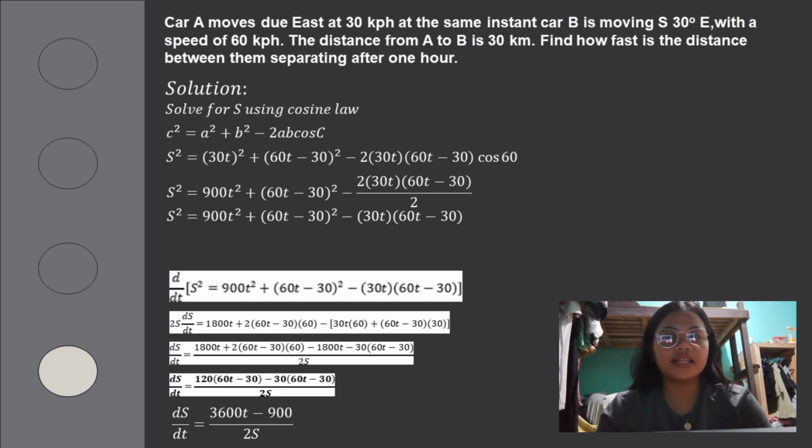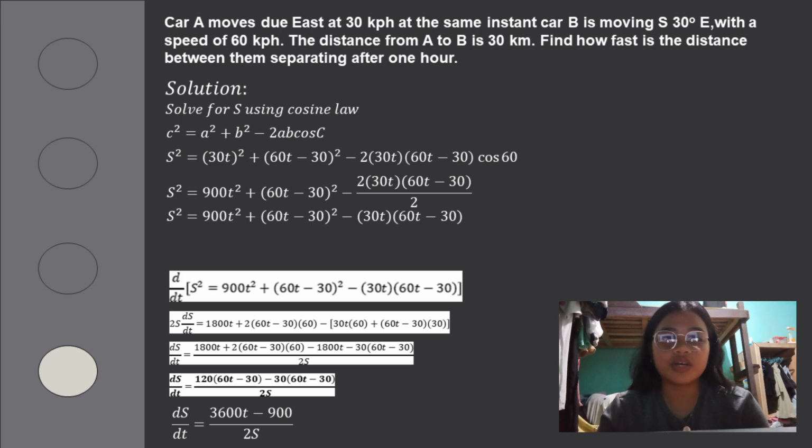So, d over dt of s squared equals 900t squared plus (60t minus 30) squared minus 30t times (60t minus 30). So, 2s ds over dt equals 1,800t plus 2 times (60t minus 30) times 60, minus 30t times 60 plus (60t minus 30) times 30.